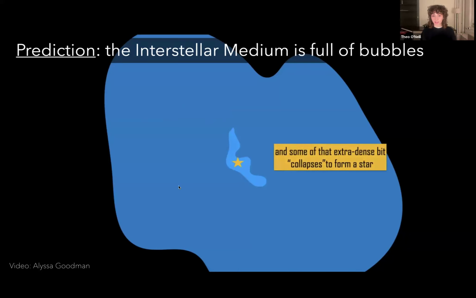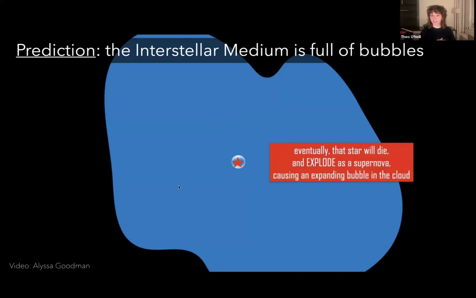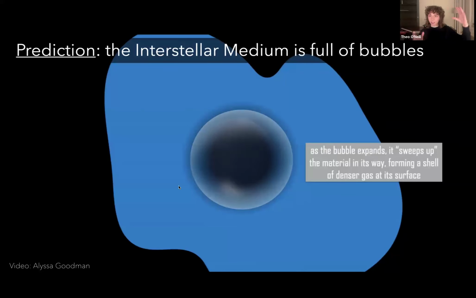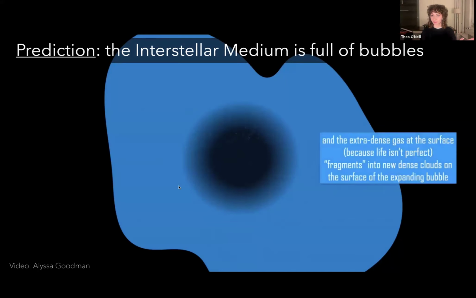These young stars might then start to evolve and die and explode as supernovae, which creates an expanding shock wave, which we call a bubble, that sweeps material like gas and dust out of its environment and leaves behind a low-density void.